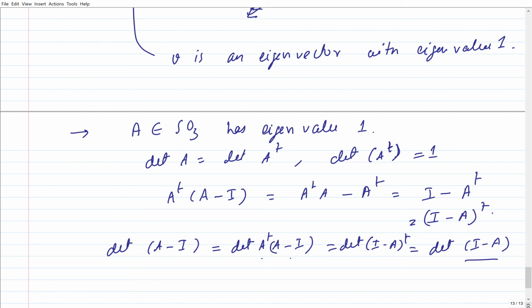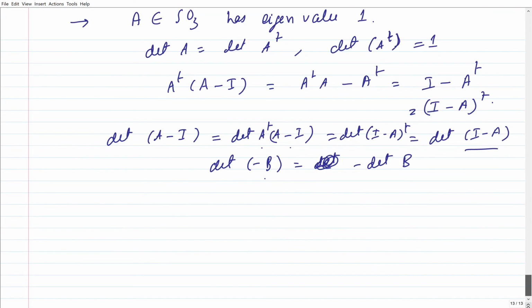In general, for a matrix B, the determinant of minus B, if I put the minus sign, gives minus the determinant of B for a 3 by 3 matrix. So therefore, I have that the determinant of A minus I equals minus the determinant of I minus A. And I've already proved that these are actually equal.